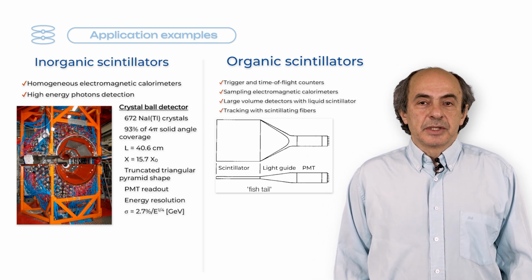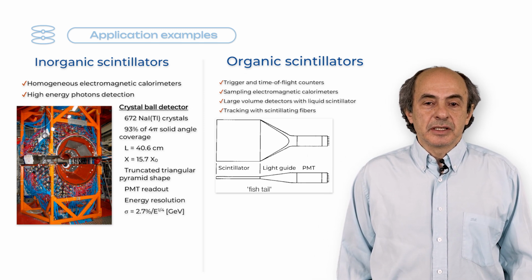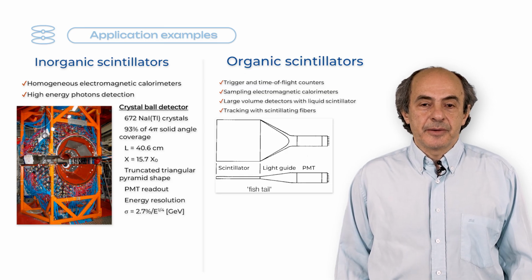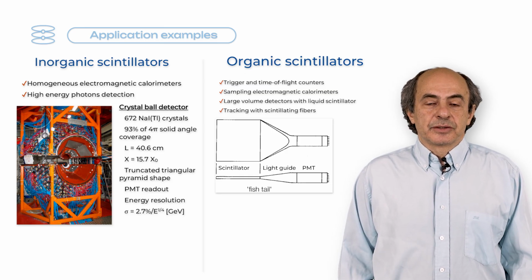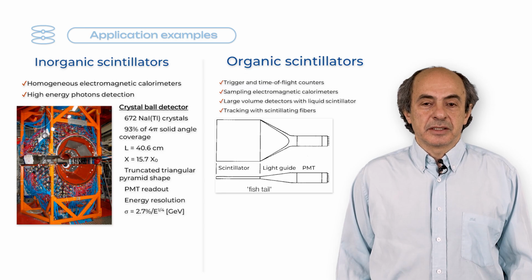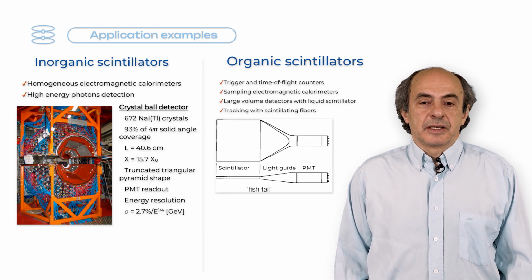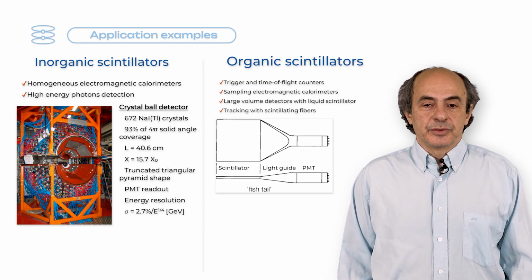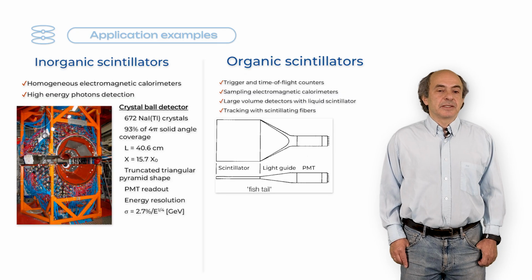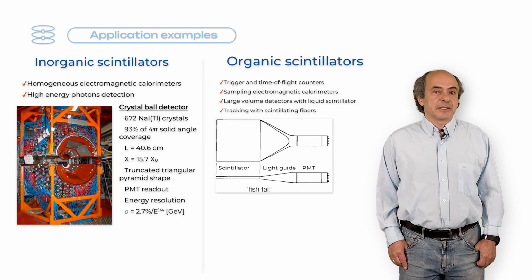This is the Crystal Ball detector, which is a nearly complete sphere of sodium iodide crystals read out by photomultiplier tubes. The energy resolution of this device is 2.7% at 1 GeV.